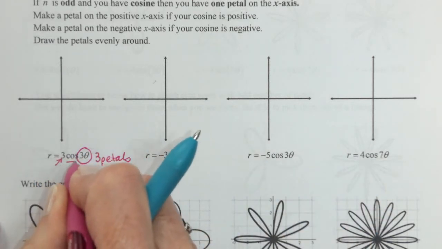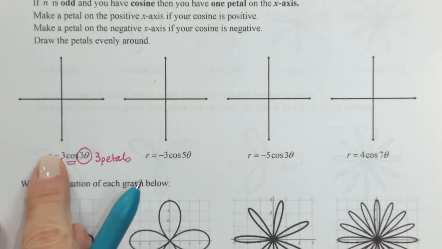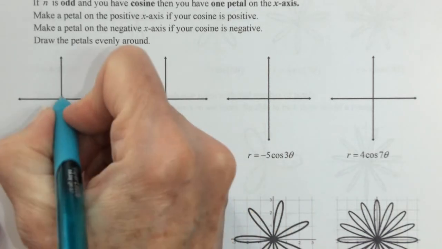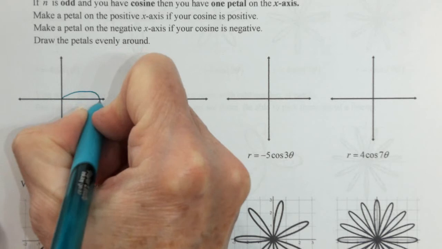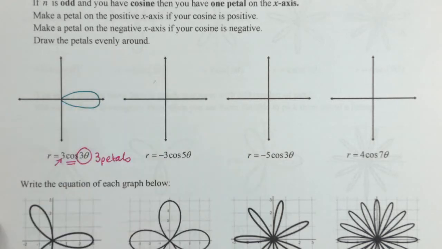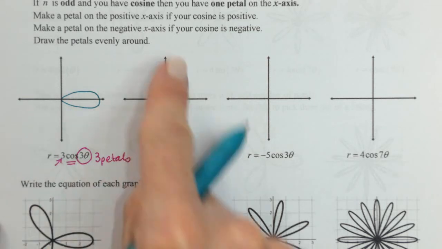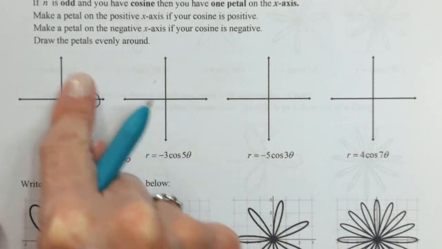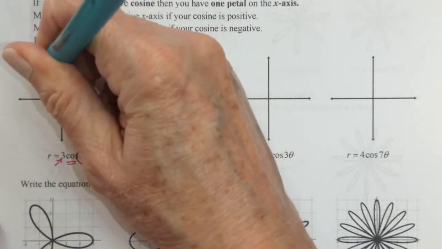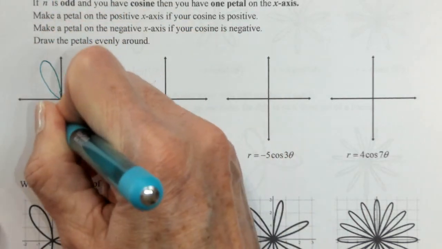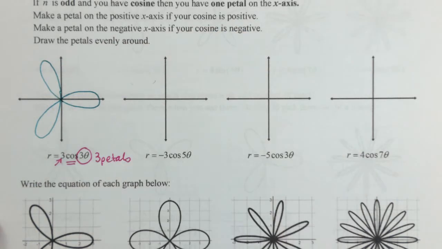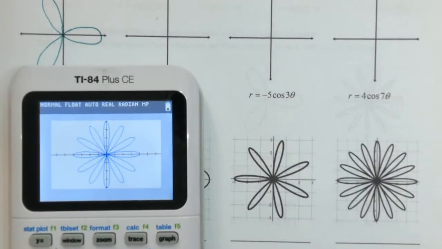It's a cosine, and this is a positive 3, so I draw 1 petal right here on the positive x-axis. I need to add 2 more petals, and I want them to be distributed evenly on the circle. So it's going to look like this. Something like that.